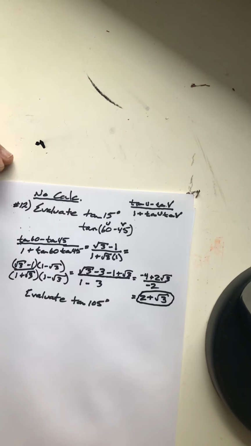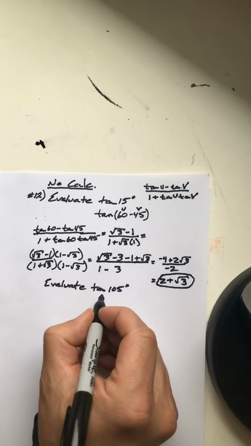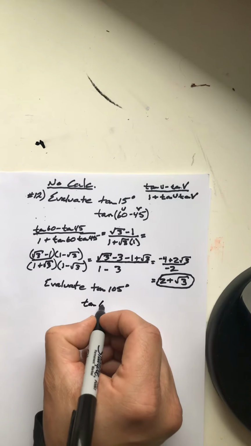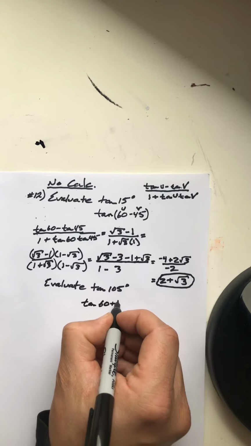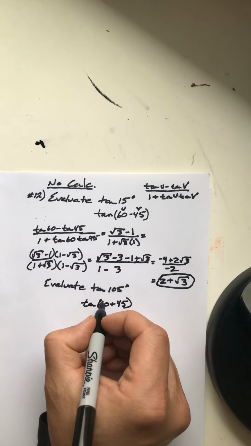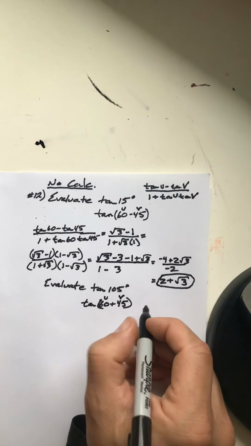All right, so if you followed along with that one, you're going to be pretty similar in this next one, because 105 is another variation of 60 and 45 degrees. You can add those together. So you can say I'm trying to do tan of 60 plus 45 on this one, in which case you'd be treating 60 again as a u and 45 as the v.